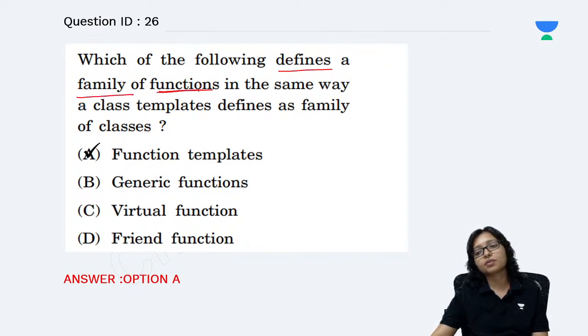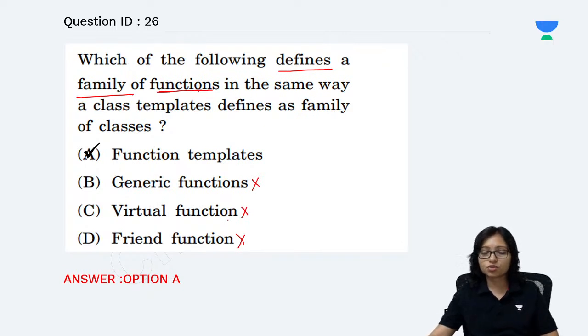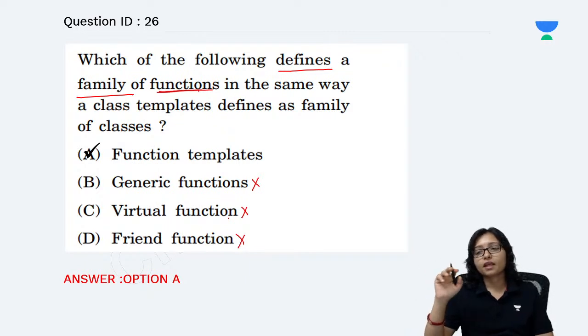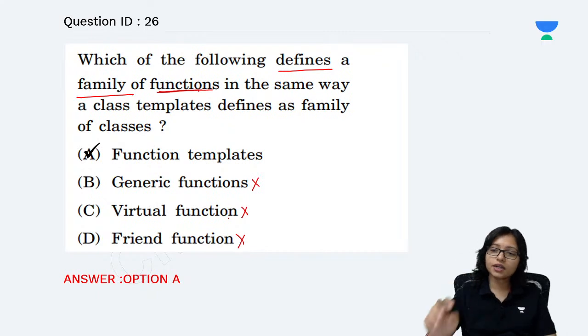Family of functions means function template. Generic function, no; virtual function, no; friend function, no. These are different concepts. The abstract class and virtual function, pure virtual function come elsewhere. Friend function means who can access it. So function template is where through the template you can define the same feature of the function.